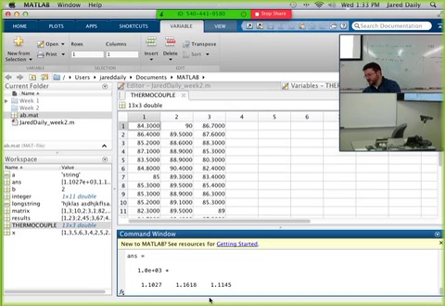Okay, so I think that takes us to the point where we want to start something slightly different, which I've actually shown you before a little bit.